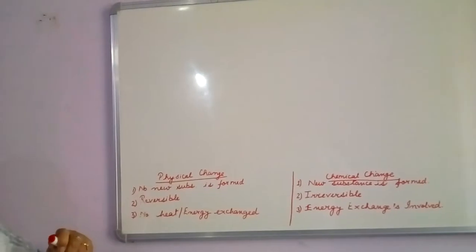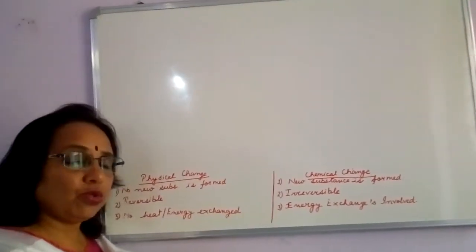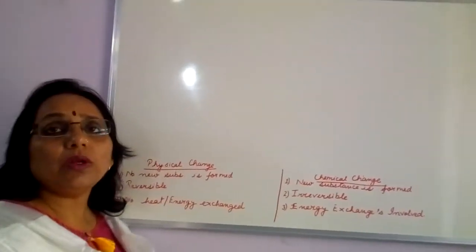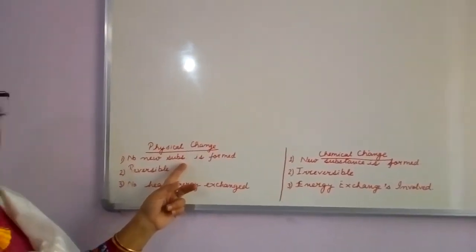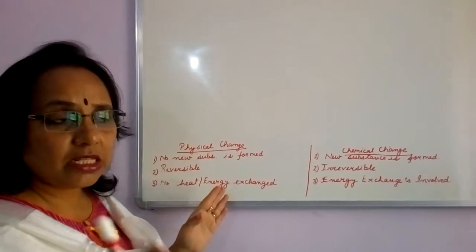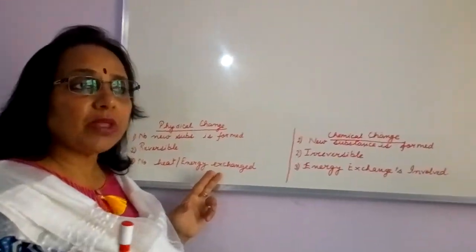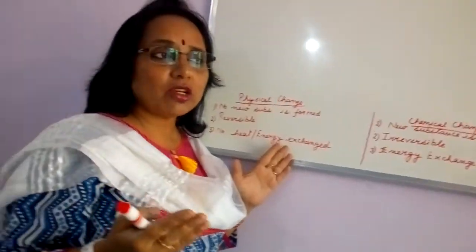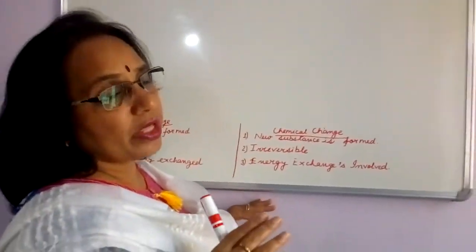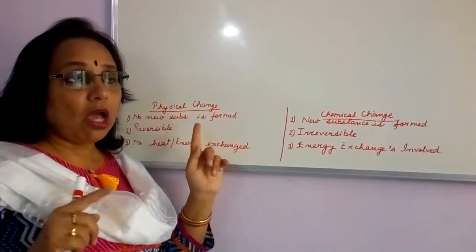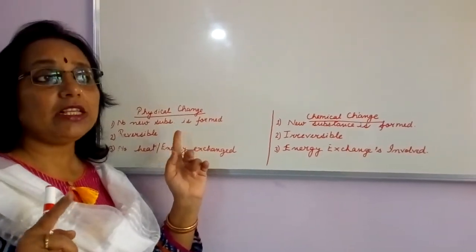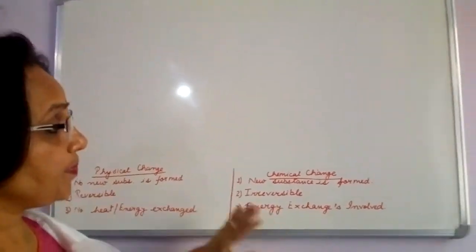Why? Though it's true that once the tree is cut down, it is an irreversible change, is the first criterion satisfied? When a tree is cut down, are we making something new? Is the chemical composition of the substance changed? No, the chemical composition of a substance has not changed. So cutting down of a tree is a physical change, not a chemical change.